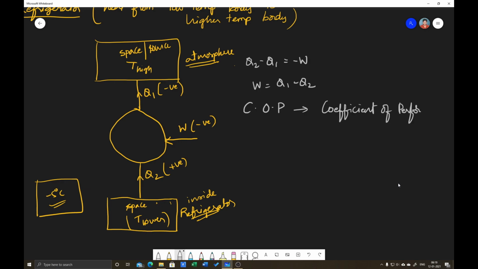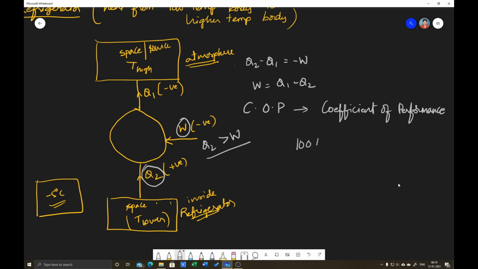Why we are calculating COP instead of efficiency is, here the output is Q2, right? The input is W. Generally Q2 will be greater than W and the efficiency will be greater than 100%. But you can't calculate efficiency here.